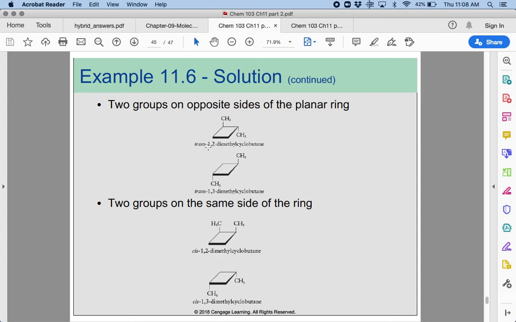We could have trans 1,2-dimethyl cyclobutane or trans 1,3-dimethyl cyclobutane, right? Across the carbon bonds, right? When we look at the ring, they're on opposite sides, top and bottom. Or we could have the cis version of those, where they are on both on top or both on bottom.